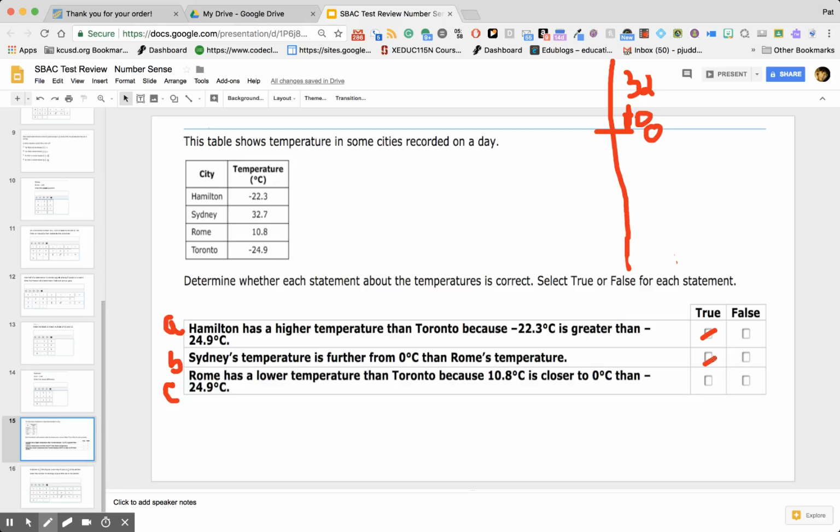Is it further? Is it more spaces from 0? Yes, it is. Rome has a lower temperature than Toronto because 10 and 8/10 Celsius is closer to 0 than -24 and 9/10 Celsius. Has a lower temperature. So if I have a temperature that is 10 degrees and I have another temperature that is -24 degrees, this is saying which one is going to be colder, a lower temperature.